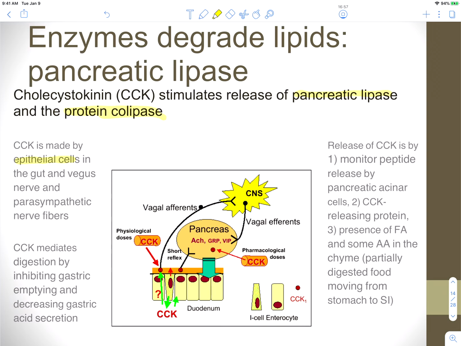Cholecystokinin mediates digestion, and it inhibits gastric emptying and decreases gastric acid secretion. The release of cholecystokinin is triggered by a monitor peptide that's released by pancreatic acinar cells, and also by cholecystokinin releasing protein, or the presence of fatty acids and amino acids in the chyme. So any of those three can trigger the release of cholecystokinin.